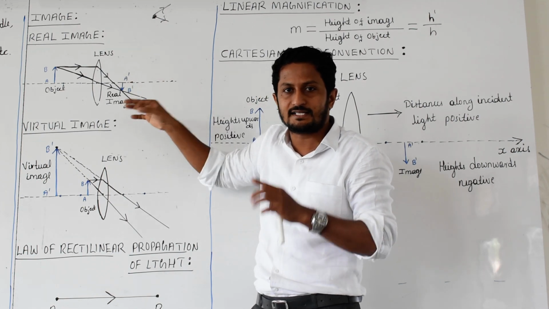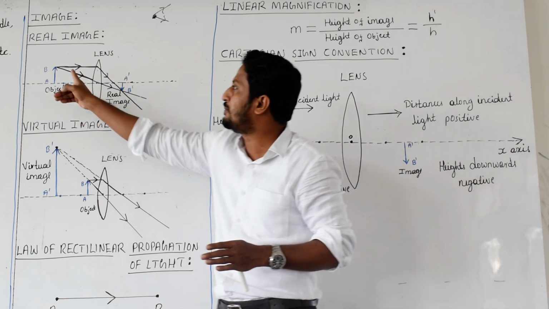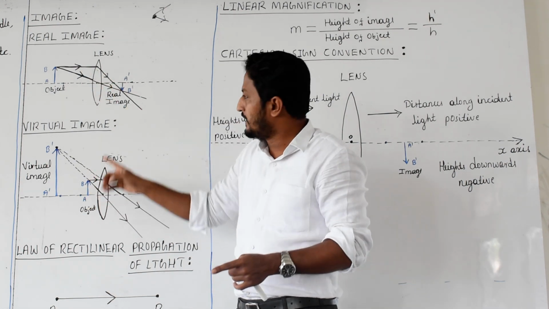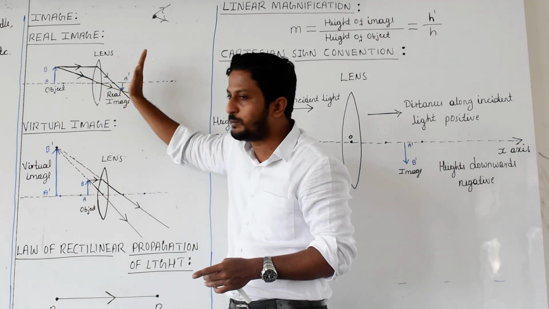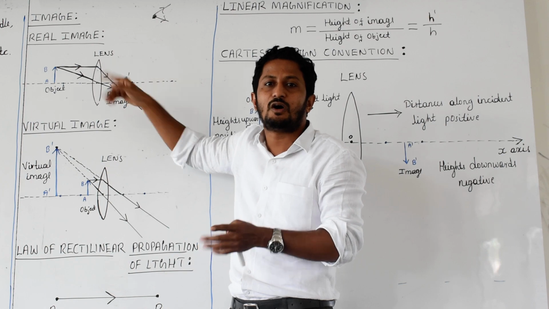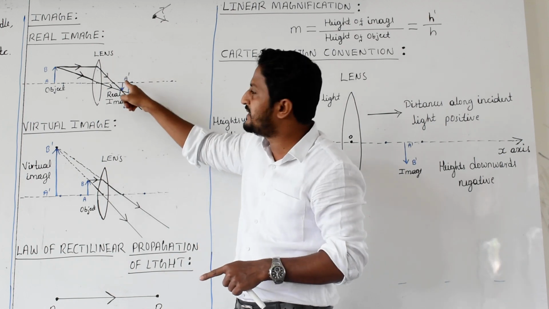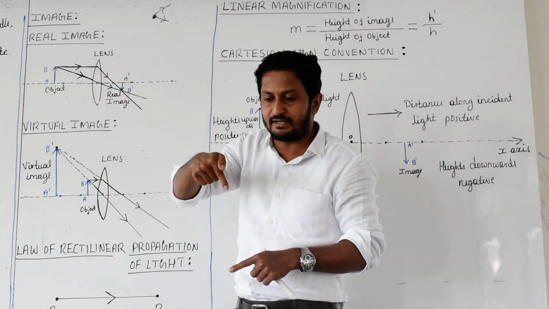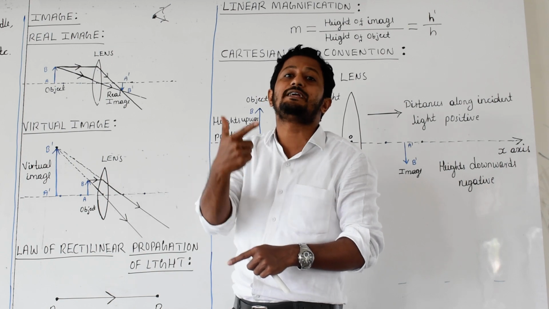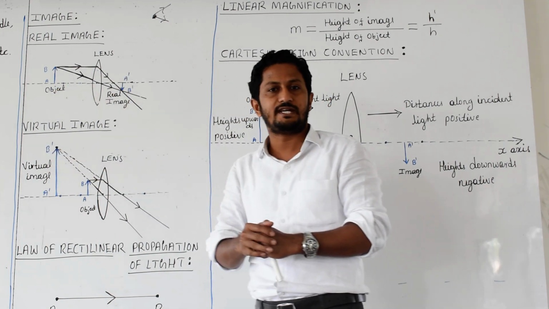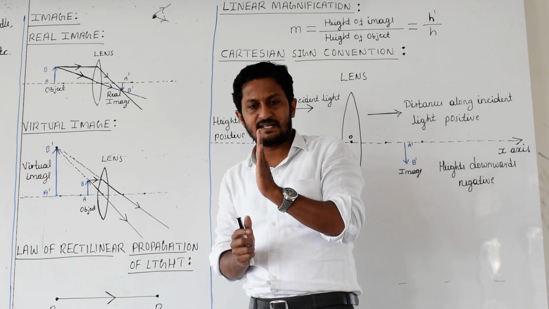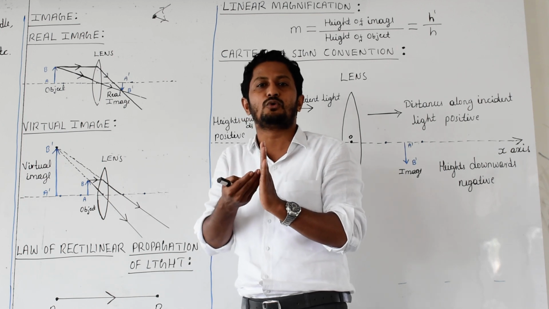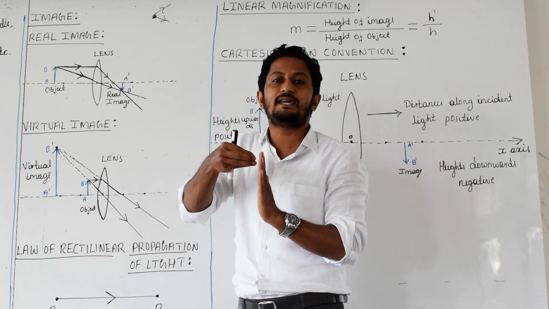A dash B dash is the image of object AB. Here at this intersection point, if you place a screen, on that screen you will see a vertically downward image of that object. Meaning, by placing a screen you can get that image.